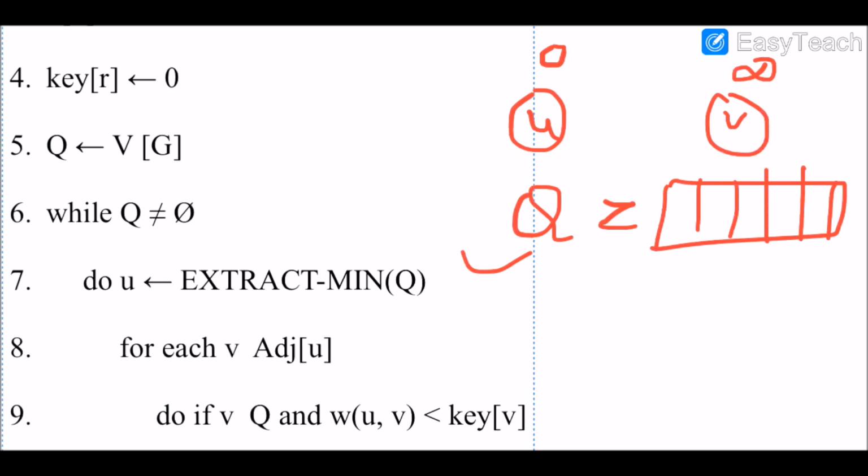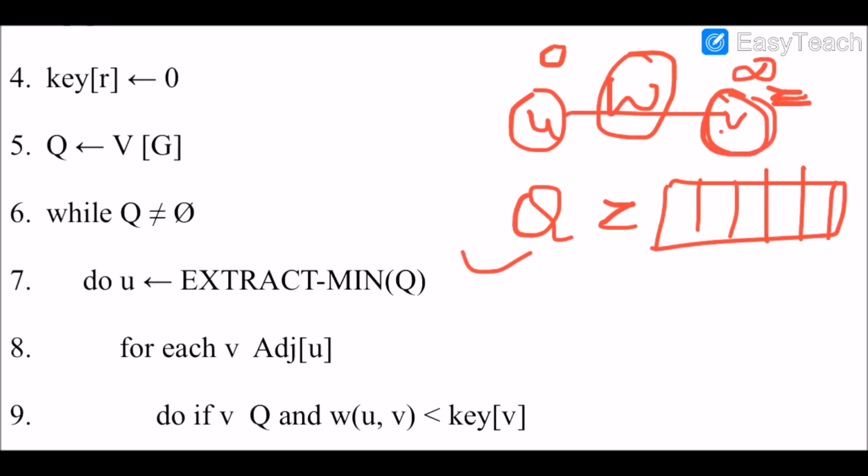Now let's say in our example, u and v are adjacent nodes. We are going to check the weight value of this edge. If this weight value is less than the key value of v, such that v is adjacent to u, then we are going to update the key value of v with w.